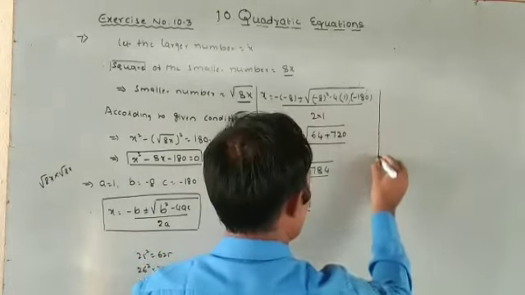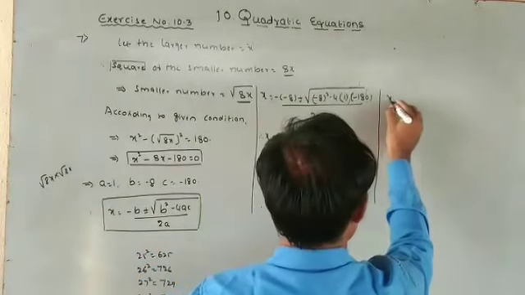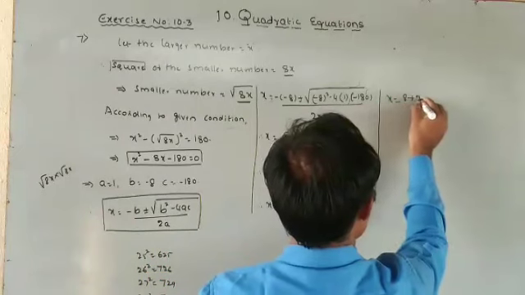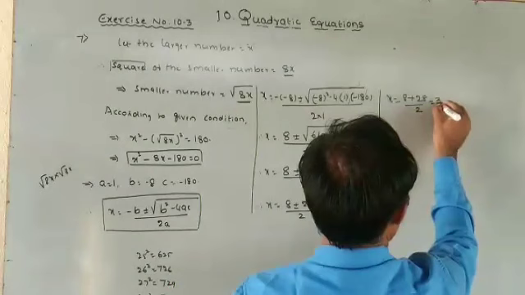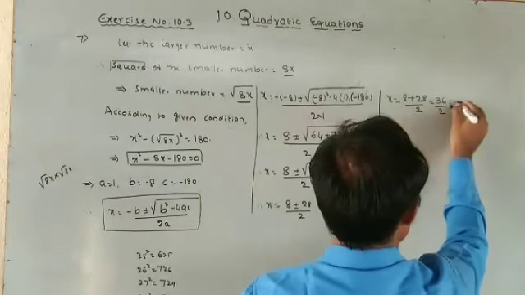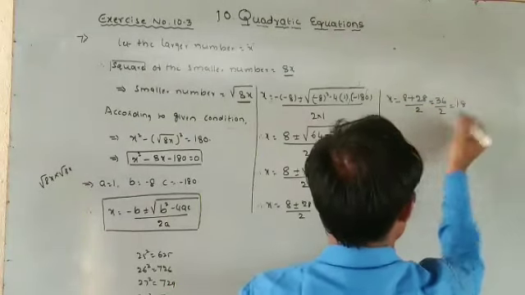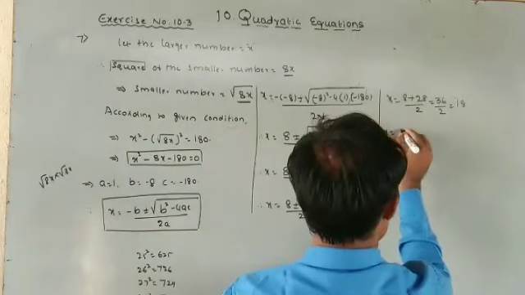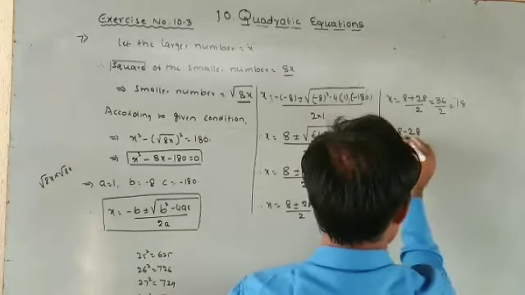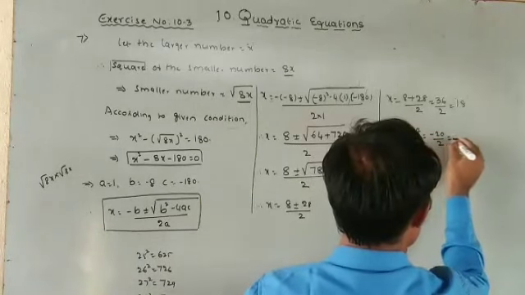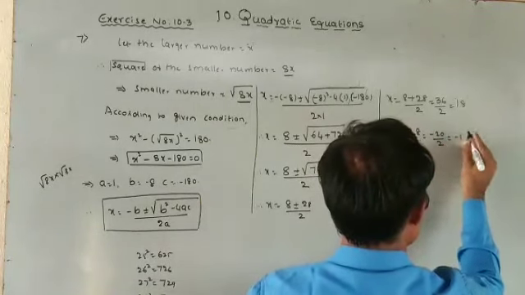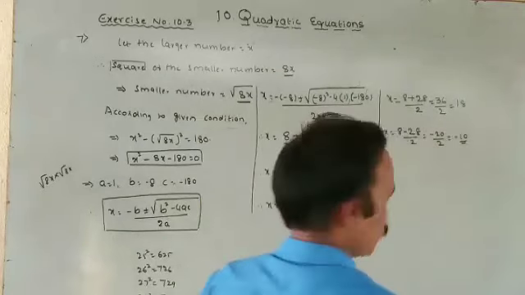Now you consider one by one. x is equal to 8 plus 28 by 2, correct? So this is equal to 36 by 2, that is equal to 18. And x is equal to 8 minus 28 by 2, that is minus 20 by 2, that is equal to minus 10.